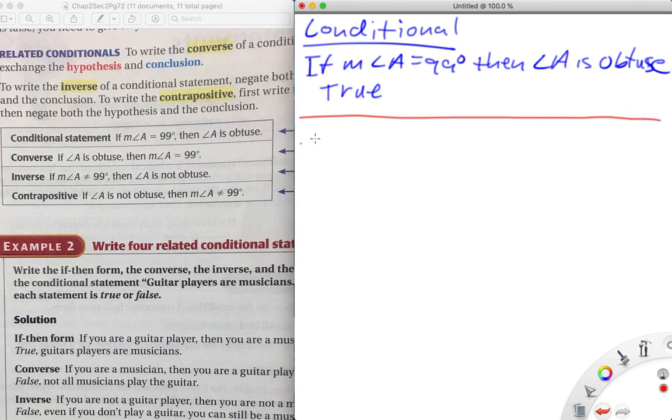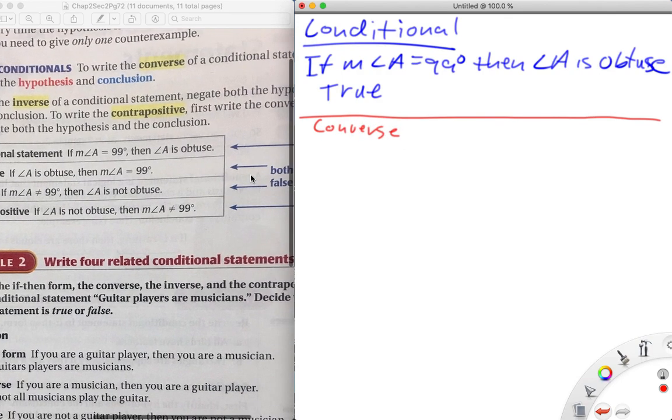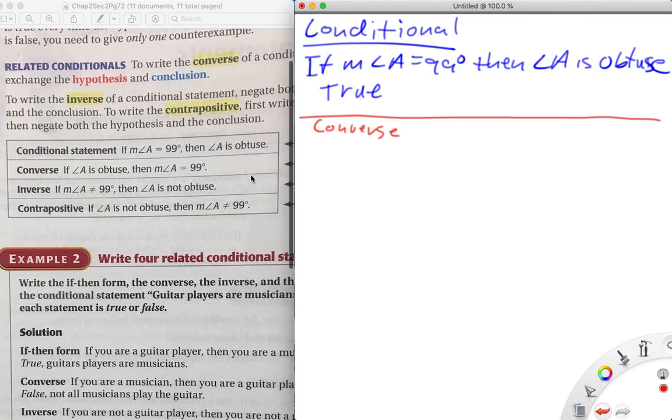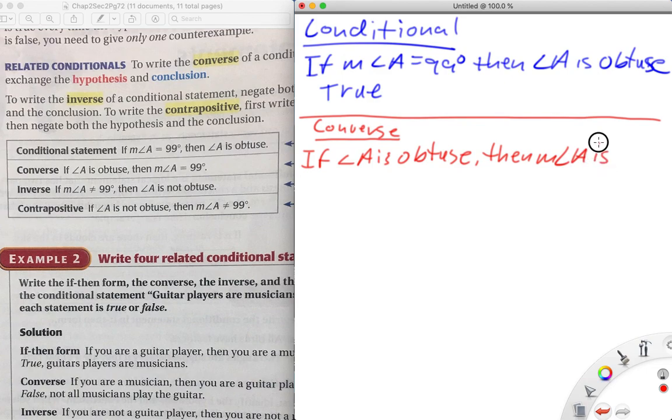Now let's talk about the converse. And remember the converse switches the hypothesis and conclusion. So the converse is going to be if A is obtuse, then the measure of angle A is 99 degrees.